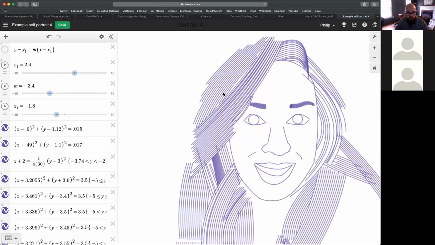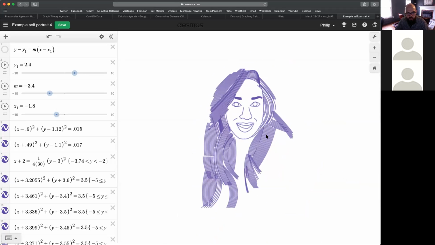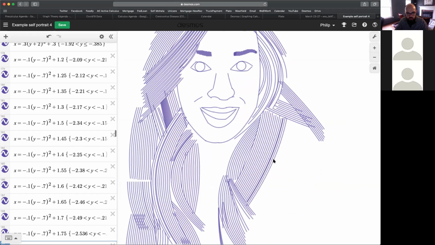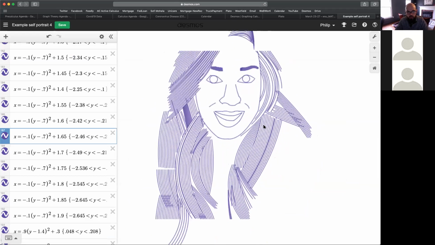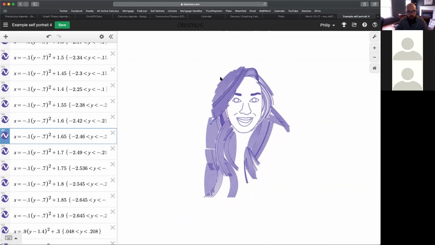Yeah. So see, the hair textures are a bunch of lines. They're all shifted down a little bit as they went across. When you zoom out, it looks pretty hair-like to me, like it looks pretty good.